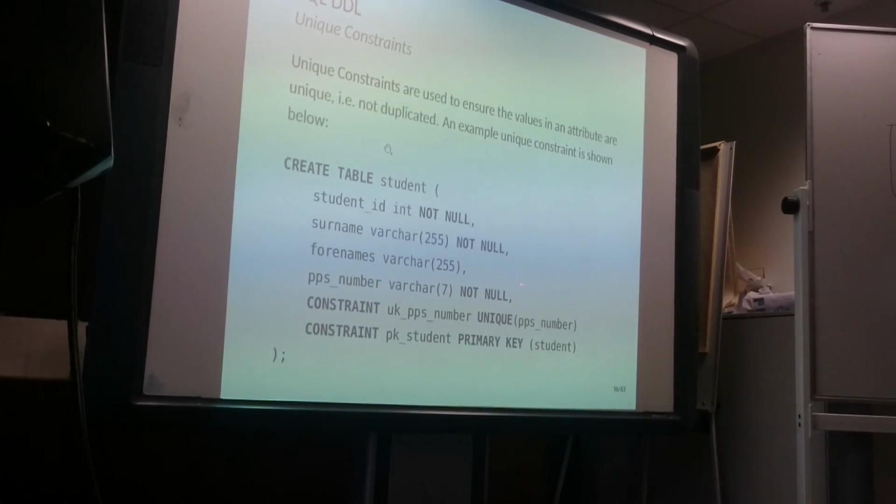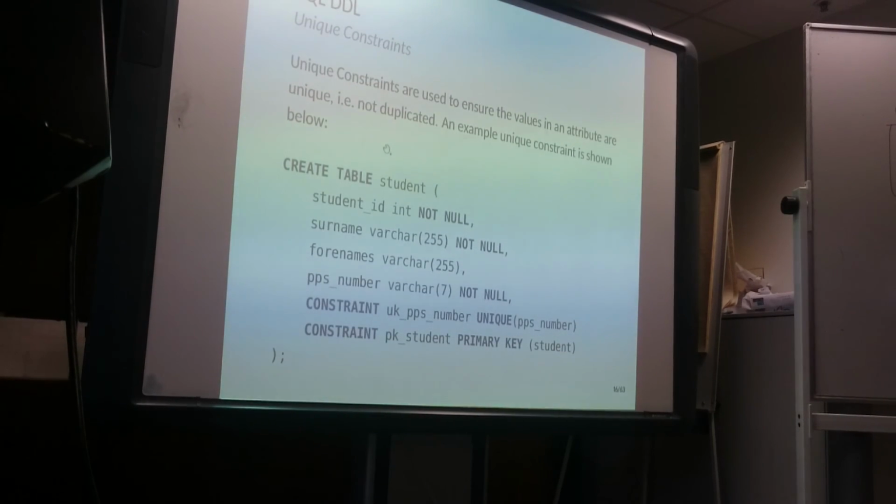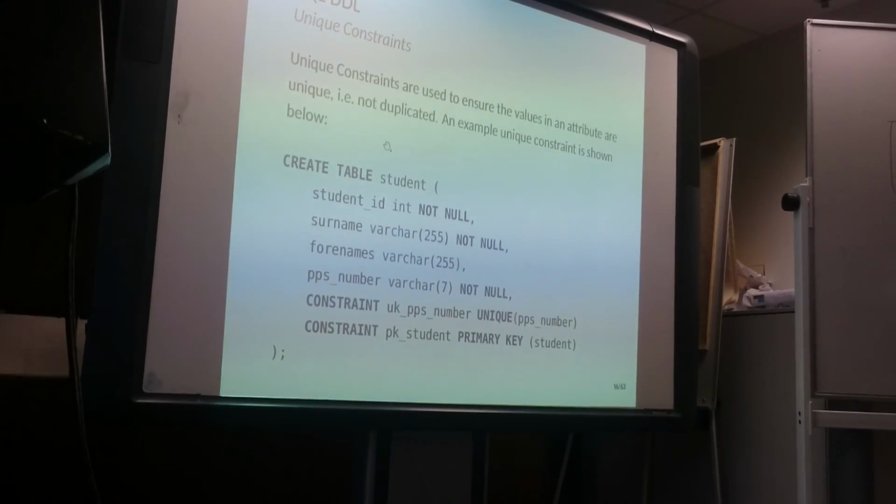PPS number, unique, parentheses, PPS number. So what's that doing? It's saying the column PPS number must contain unique values. Can two people have the same PPS number? No. Well, unless somebody's been copying PPS number cards illegally, then no. So you can be sure that's unique.